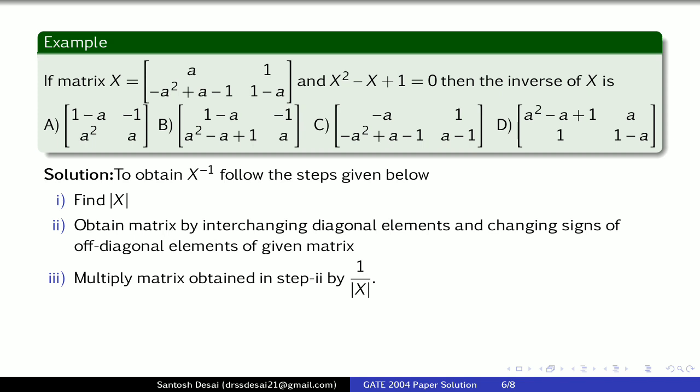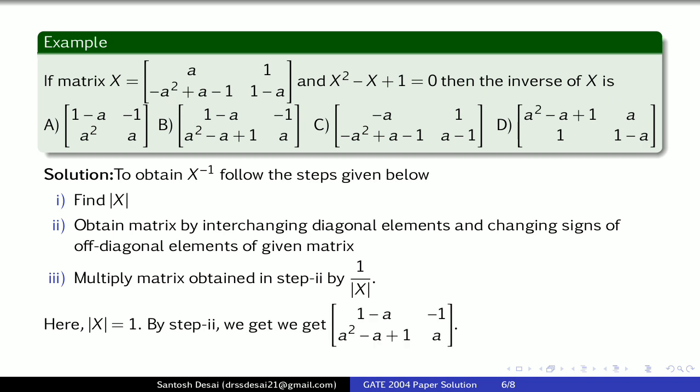So with this, here we first find the determinant of X, and that is equal to 1. Now the second step is we have to interchange the diagonal elements, and again we have to change the signs of off diagonal elements of the given matrix. So with the second step, we get the matrix as 1, minus a, minus 1, a square minus a plus 1, and the last element is a.